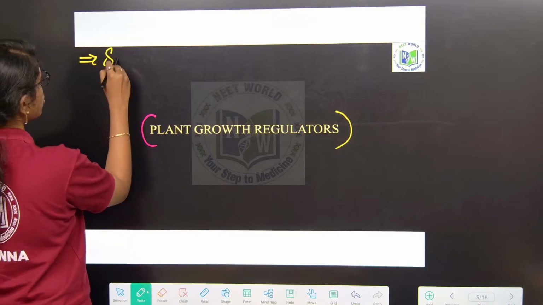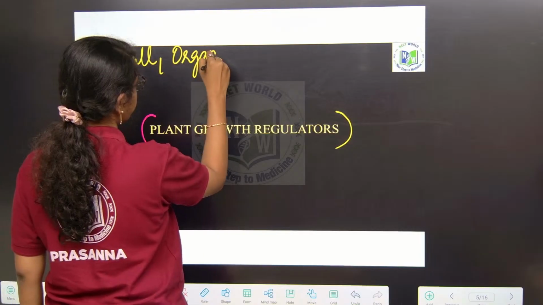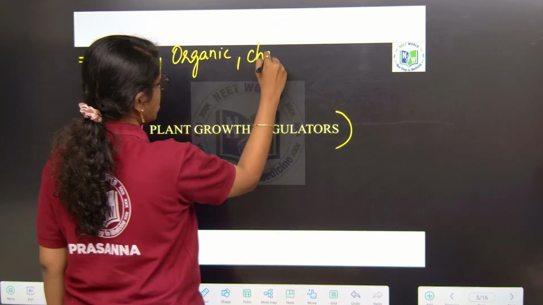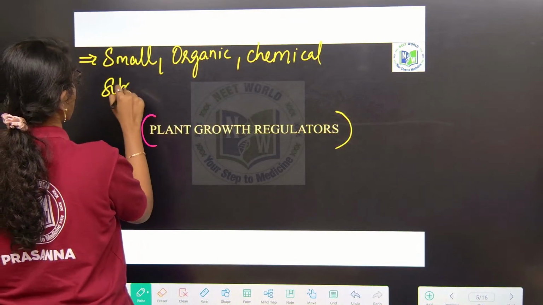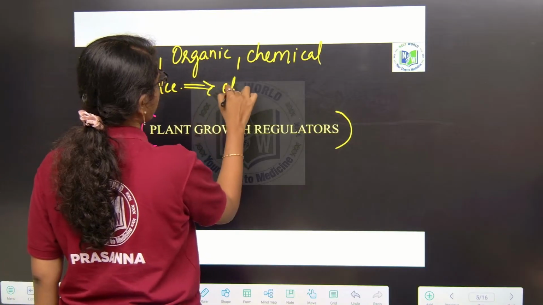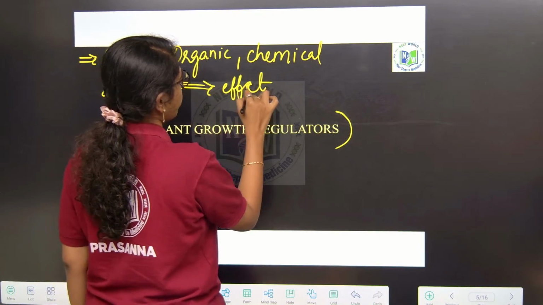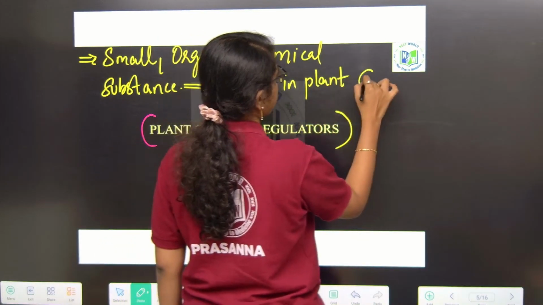These are small organic chemical substances that show effect in plant growth and development.